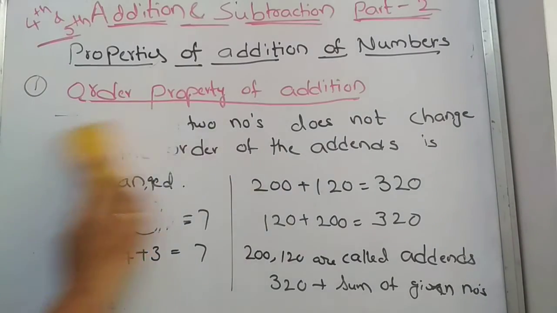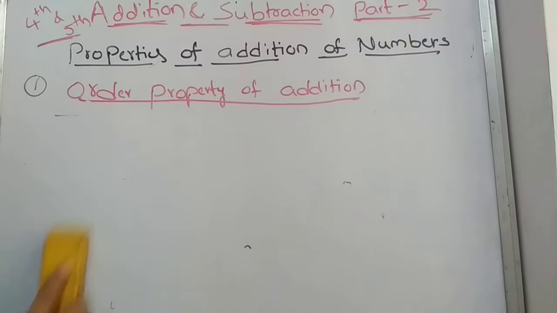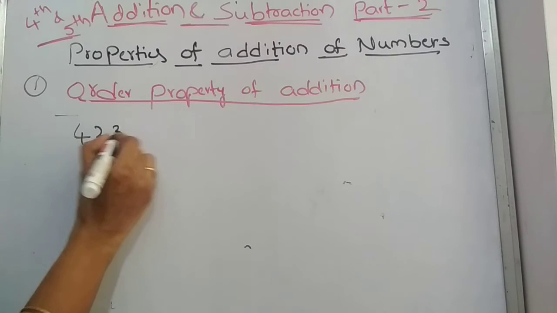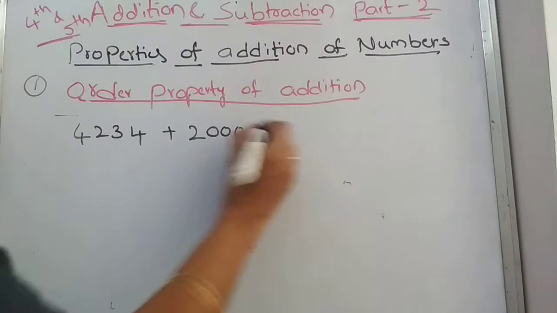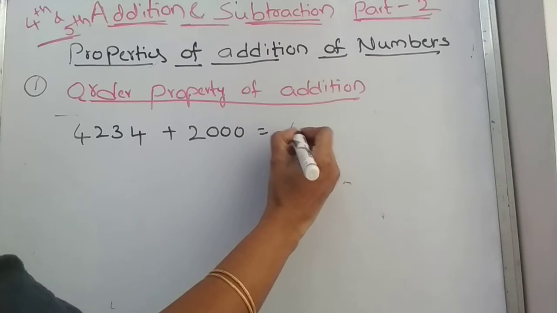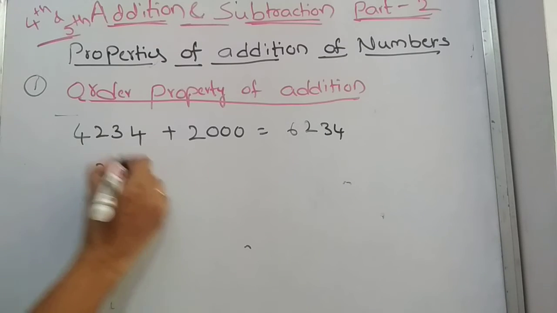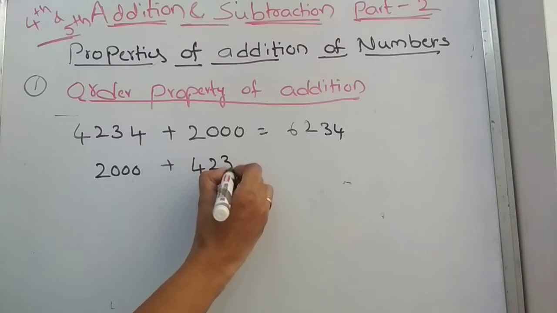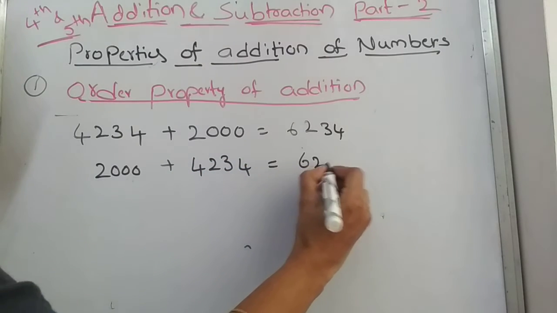I am taking one more example. Suppose I am taking a 4-digit number: 4234 plus 2000. What will we get? 6234. Again I am interchanging, and here the places are interchanging: 2000 plus 4234, again 6234.